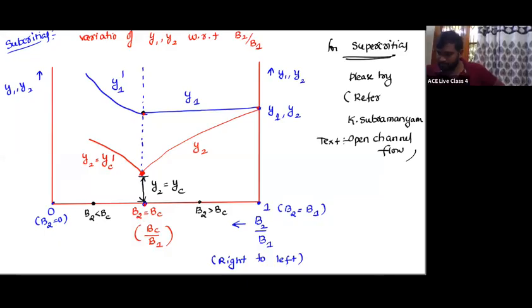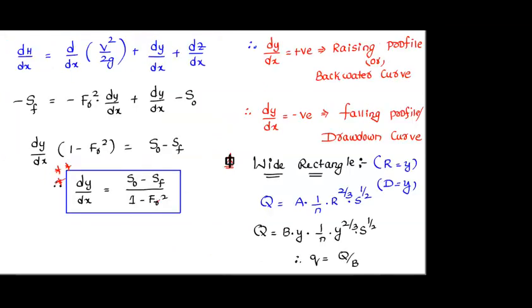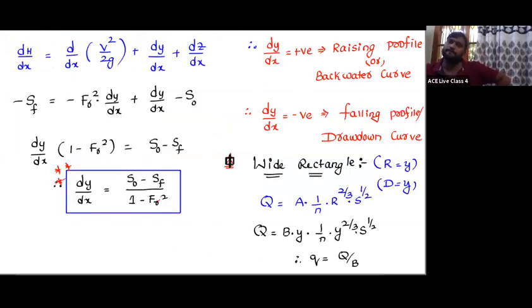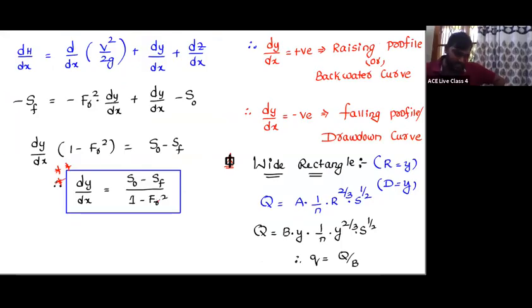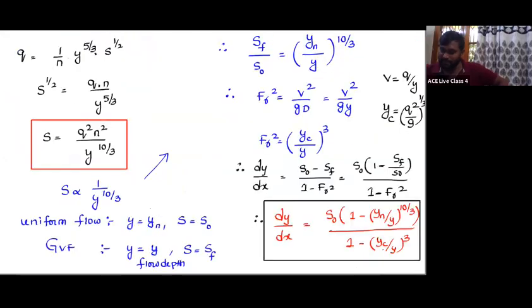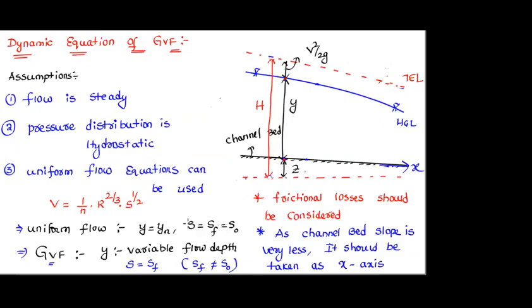Sir, in uniform flow, you said that y is equal to yn and S is equal to S0, and below you have written that in GVF y is equal to y. Then how is S equal to SF? I'm having confusion, sir. Actually, S is SF only. It is the slope of the total energy line.